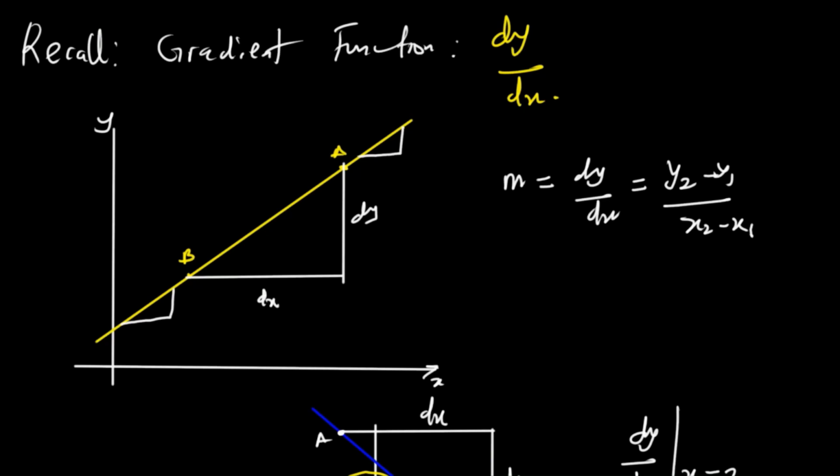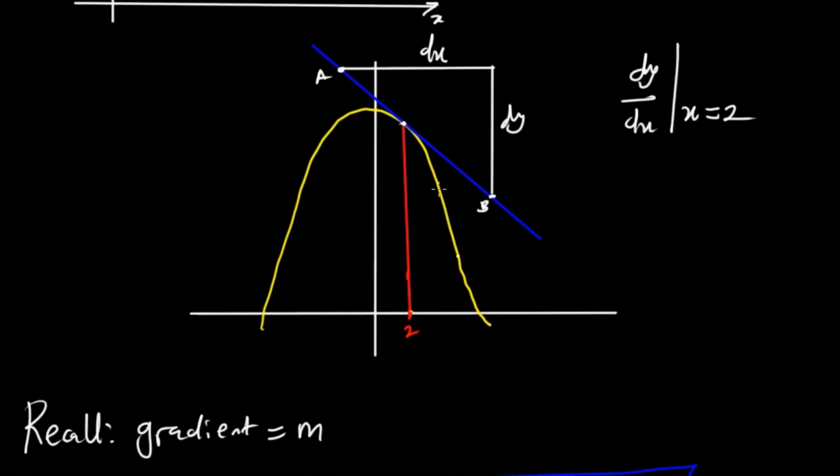But in the case of a curve, it's not like that. The gradient at this point is different from the gradient at this point, and different from the gradient at this point. So whenever we are looking for the gradient of a curve, it's usually at a reference point. For this example, I use a reference point of 2, finding the gradient of the curve at the point x equal to 2.